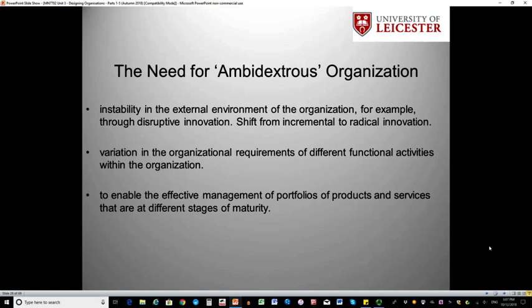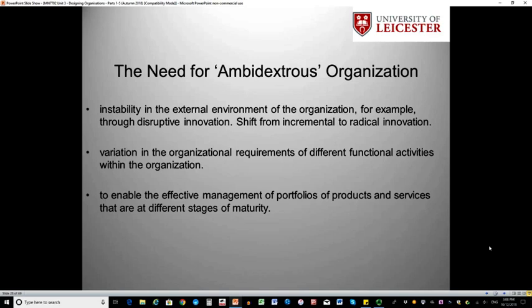I've already mentioned the second one, which is that different organisational requirements in different functional areas and activities require the organisation to have different modes of organising in different functions and parts of the organisation. Simply because organisations have many different activities, and those activities have different requirements, some require you to be very consistent in your activities and therefore require bureaucracy, and for others, bureaucracy is very bad, such as innovation.